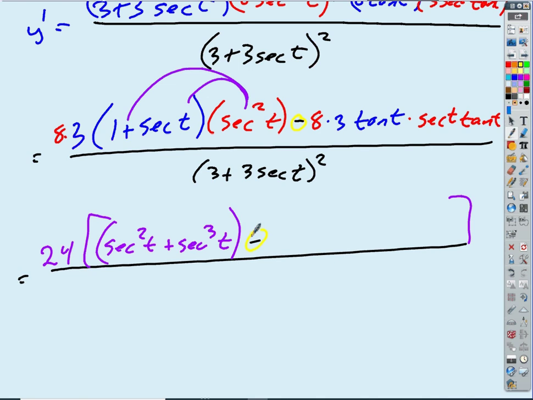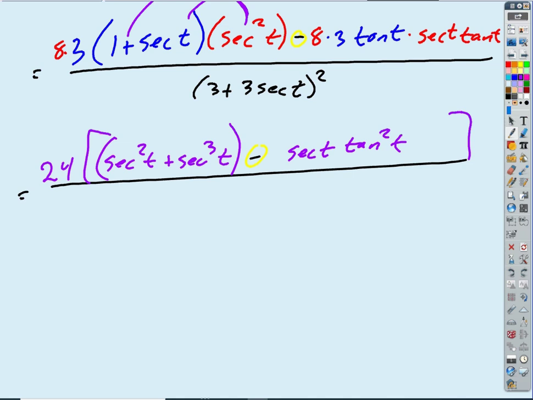Tangent squared times secant. We good? That make sense? Okay. Then the bottom just stays the same. So what do I probably want to do here? Secant and secant. I could factor a secant out of both, that's a good idea.